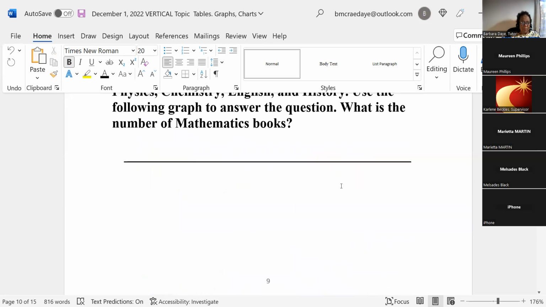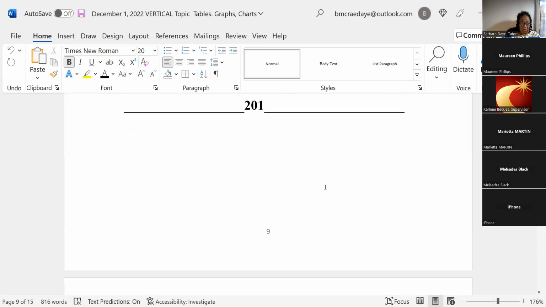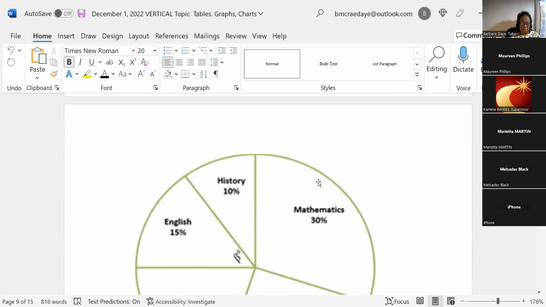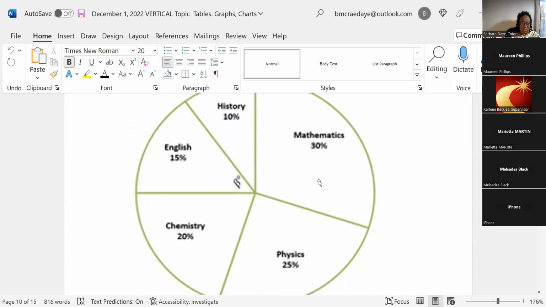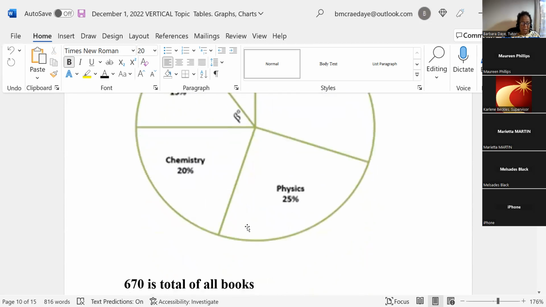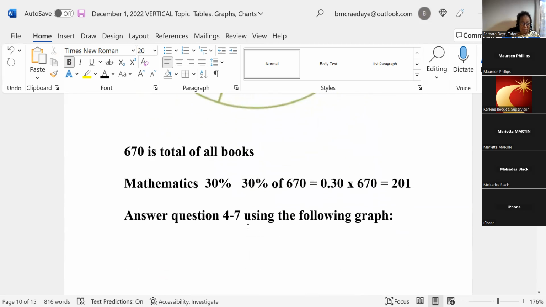So let me put it here. There's your answer. Questions? Take the percent of the total. The "of" means multiplication. If you find chemistry, it would be 20% of the 670.